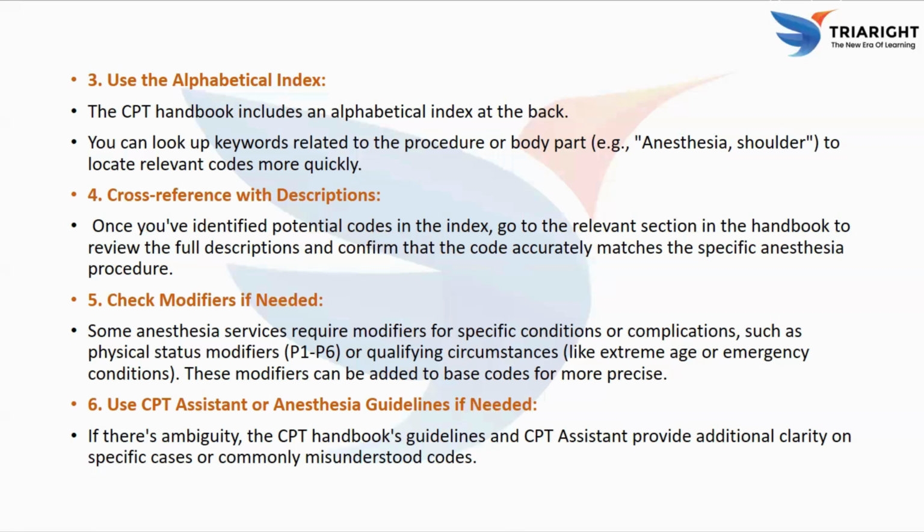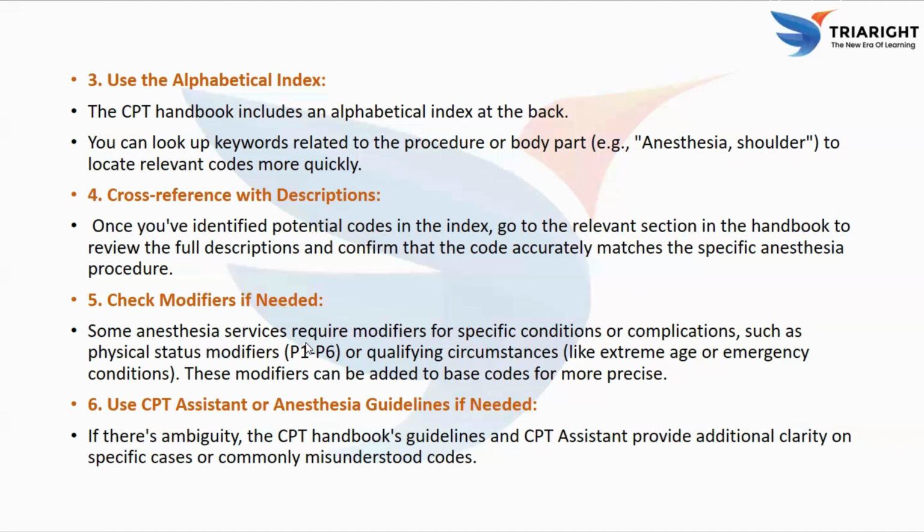And the fifth step is check modifiers if needed. What does it mean? Some anesthesia cases need extra modifiers for accuracy. So what are the common anesthesia modifiers? Physical status modifiers P1 to P6.